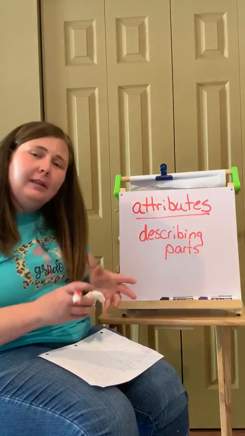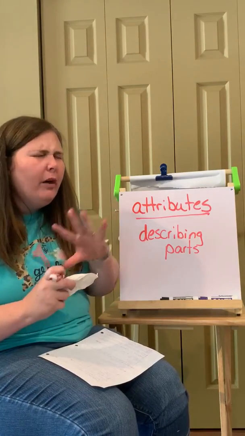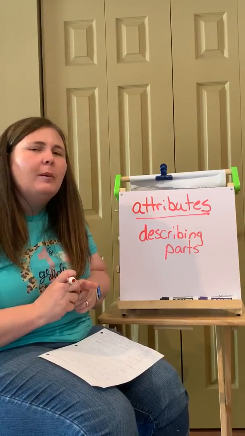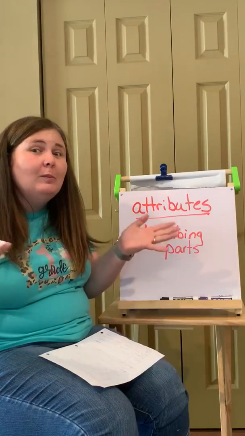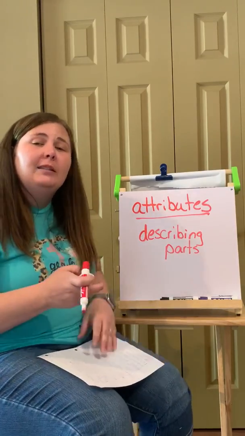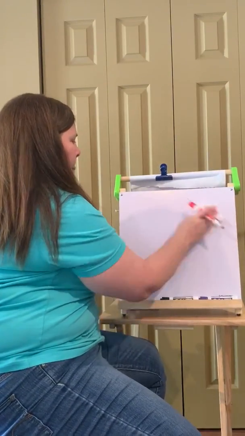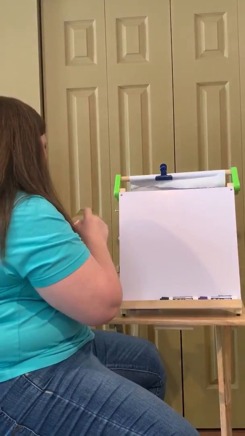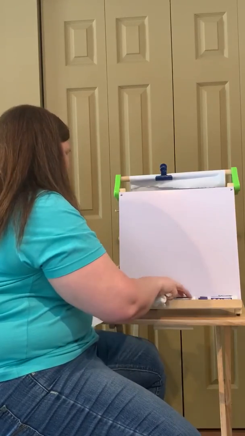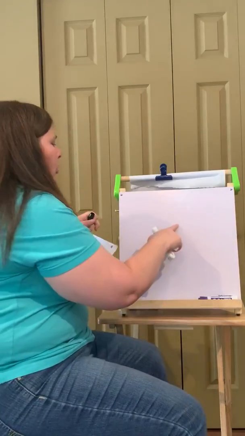Now, we're going to start simple. I'm going to draw a few little shapes up here, and we're going to talk about some attributes, or some describing characteristics that you might see. So let's take a look.